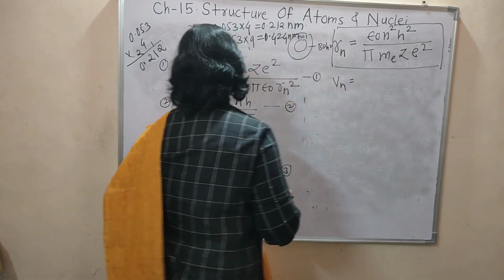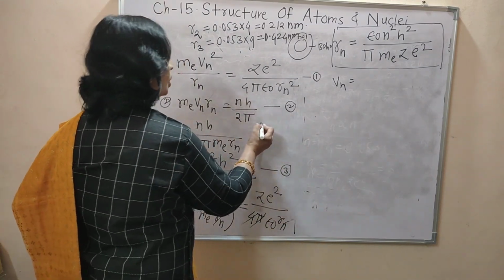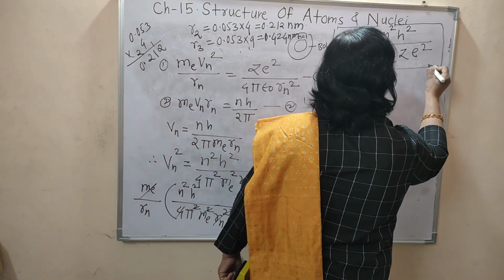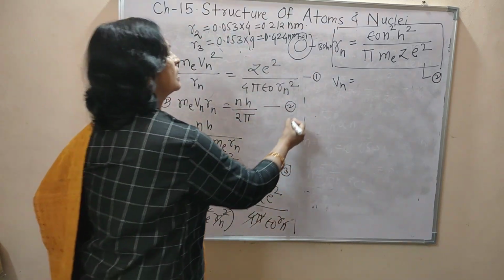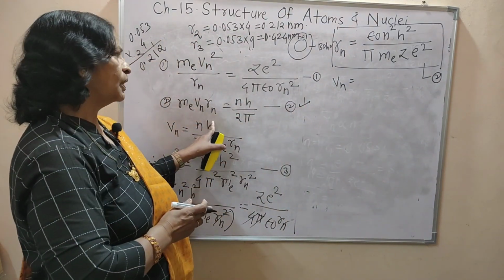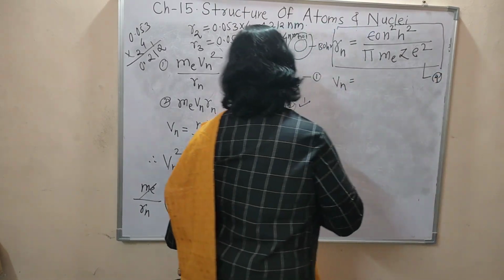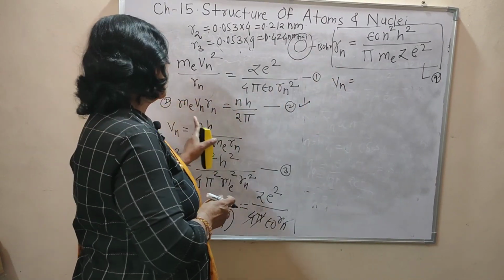Now for that purpose, consider this second postulate, equation number 2, and the radius of the orbit, equation number 4. Now substitute the value of equation 4 in equation 2.